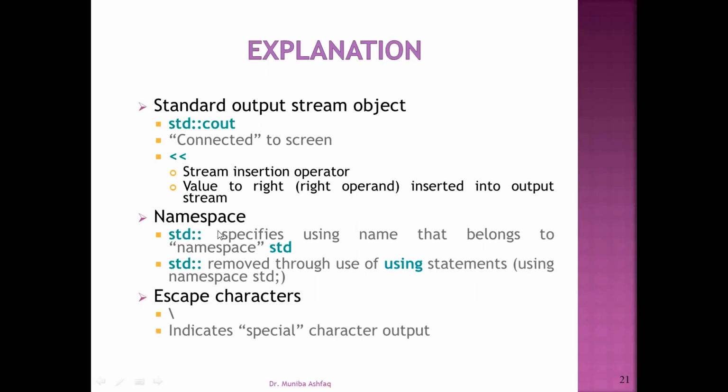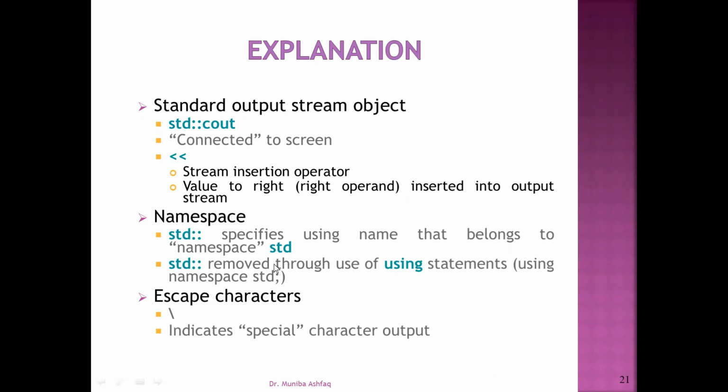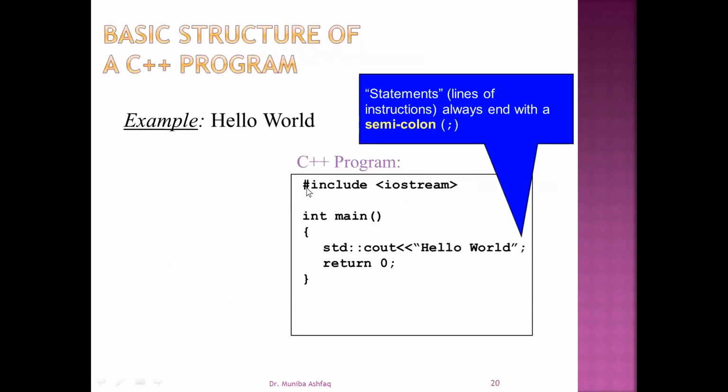Now come towards the namespace that we are talking about. std specifies using a name that belongs to the namespace std. After #include <iostream>, you can also write using namespace std, and then write a semicolon after that.